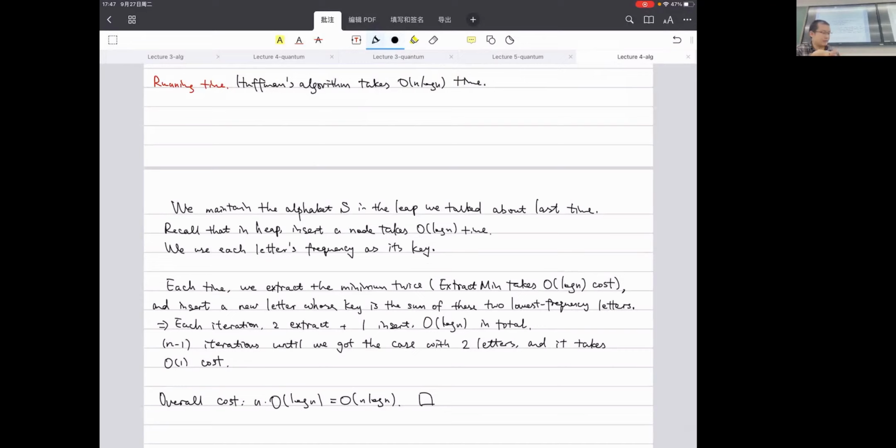And we run two times the extract min, we take them out, and we compute their sum, and we put it back to this heap. But actually, both the extract min and insert can be maintained in cost of O of log n. And in each iteration, this is the cost, and the overall cost is subsequently going to be O log n here in total.